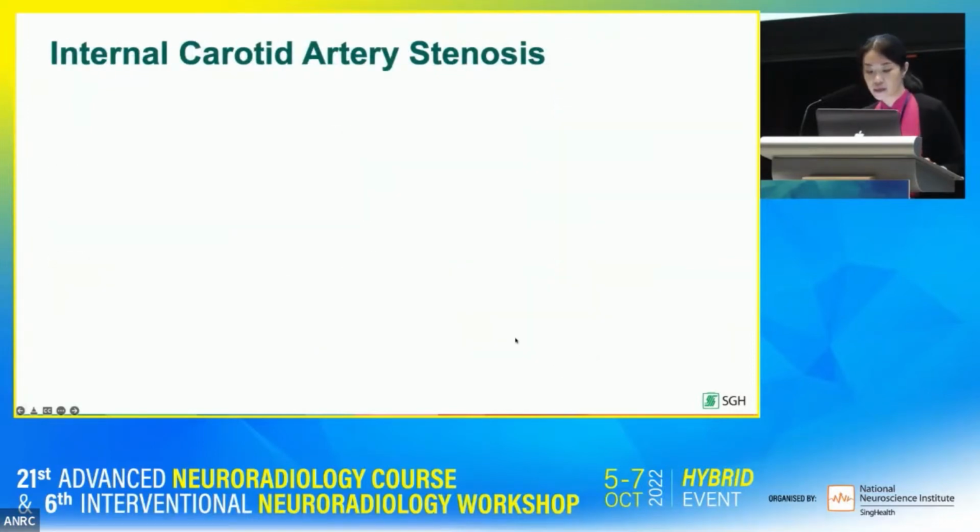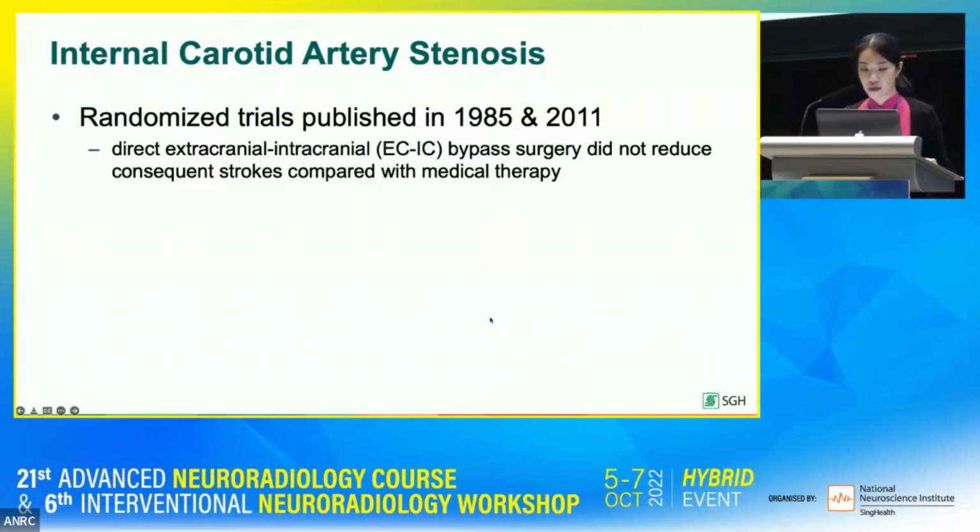So today's topic is about cerebrovascular reserve. Mainly in internal carotid artery stenosis, there have been randomized trials published that showed that direct EC-IC bypass surgery did not reduce consequent strokes when compared with medical therapy.